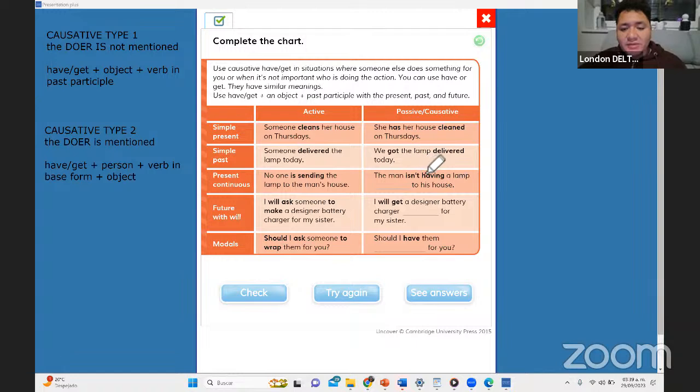this is the lamp, okay? Alguien entregó una lámpara. Supposing that the order online, so they receive it from, ¿cómo es el nombre de esta persona que entrega paquetería? How could we call that in English?